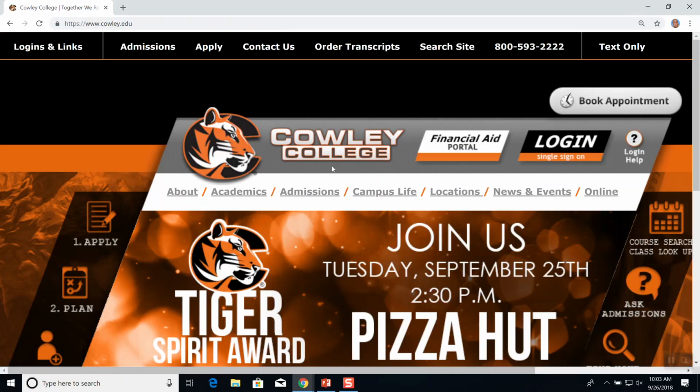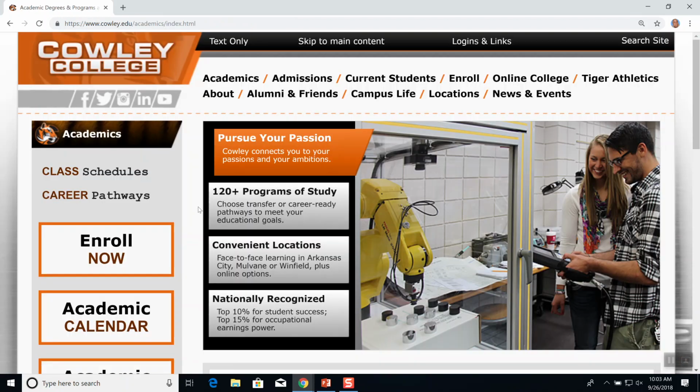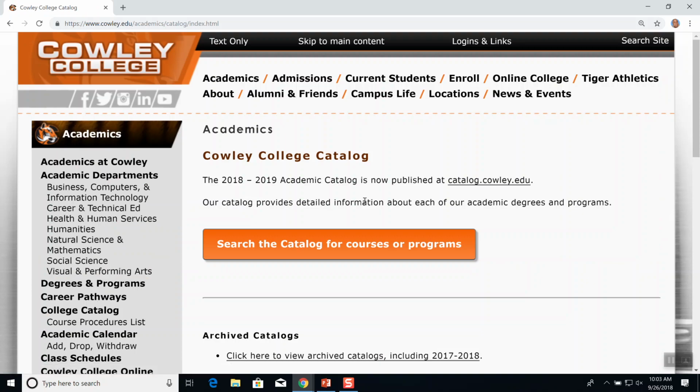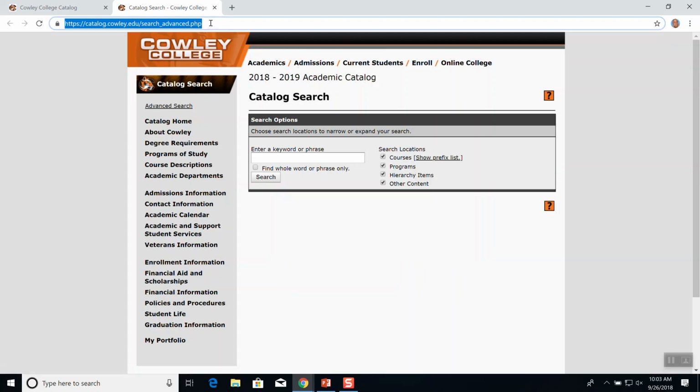If I go to Cali and look at our catalog, what does that say up at the top? PHP? Yeah. That means it's accessing a database. So it's not static pages.